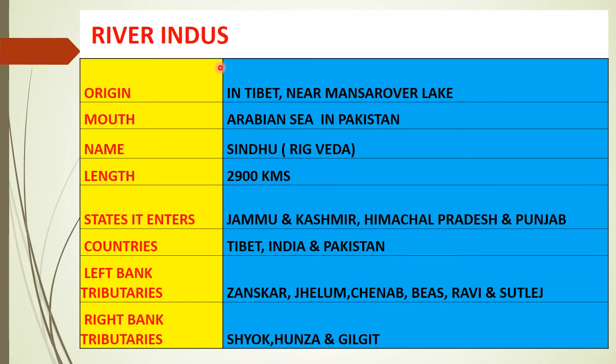According to Rig Veda, the name of Indus was Sindhu, and length is 2,900 kilometers, and the states it enters in India are Jammu Kashmir, Himachal Pradesh and Punjab, and the countries where the river Indus flows are Tibet, India and Pakistan. And the left bank tributaries of river Indus are Zanskar, Jhelum, Chenab, Beas, Ravi and Satluj, and the right bank tributaries are Shyok, Hunza and Gilgit.